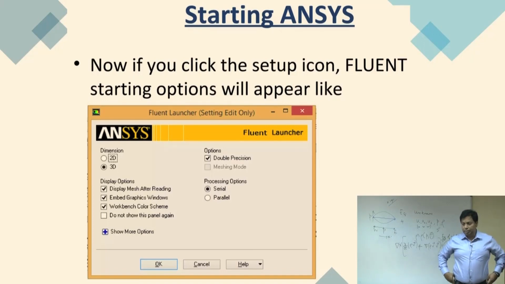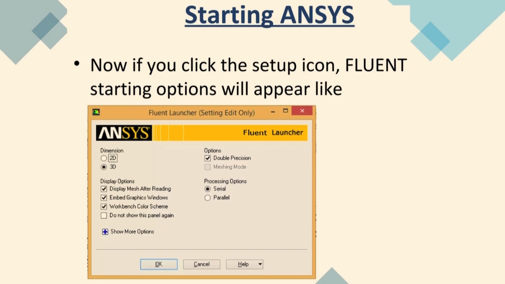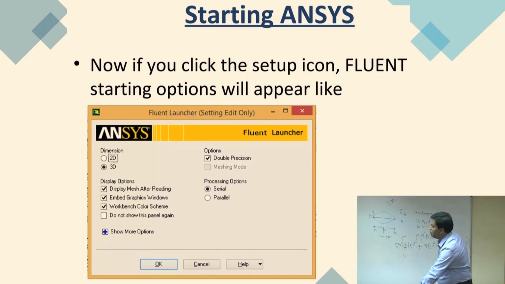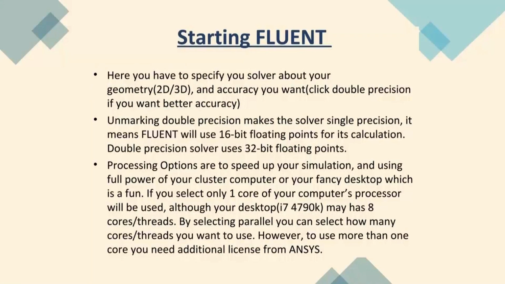So nowadays the computer has 8 core, 4 core. Okay. So even in your single computer, you can use the parallel. You can use 4 or you can use 8 or something from here. So that they can solve it very fast, faster than the serial. Okay.